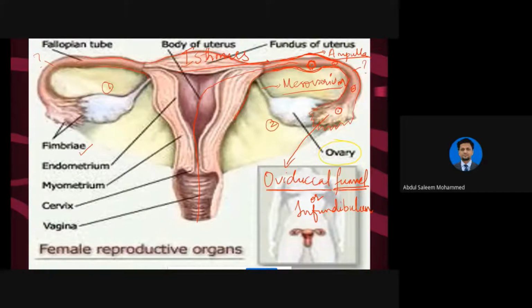Okay. So far it's clear. Now, the isthmus continues into a common part. This common part, which is pear-shaped, is called the uterus.